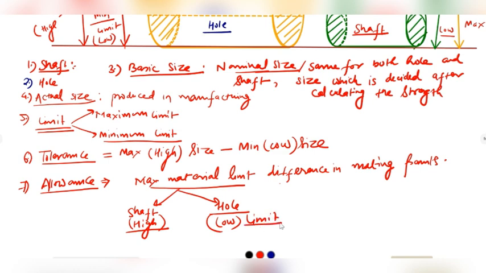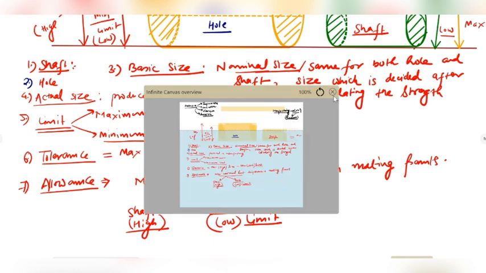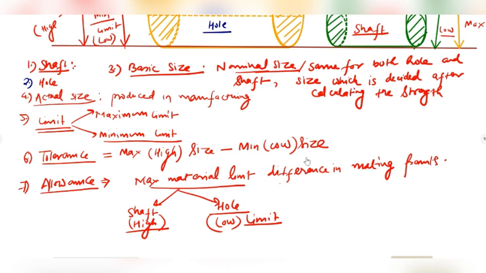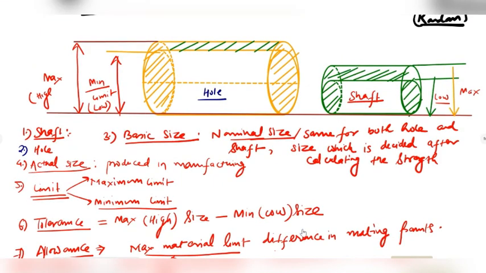So in the case of a shaft, the maximum material corresponds to the maximum size, or high size as we generally call it. This is the maximum material condition for a shaft, and for a hole it is the low limit.